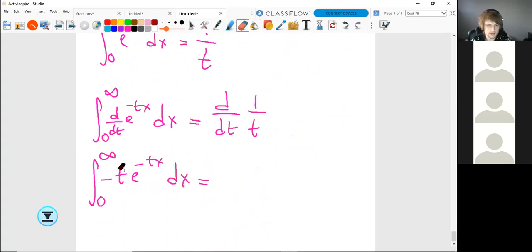Nope. If we take the derivative with respect to t, the chain rule says we should get a minus x here. Minus x e to the minus tx dx is equal to minus 1 over t squared.